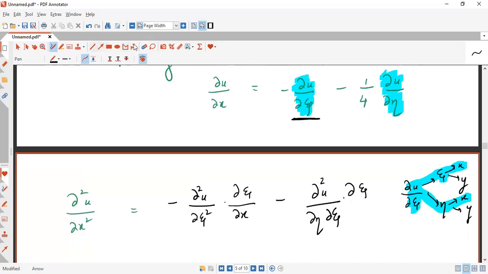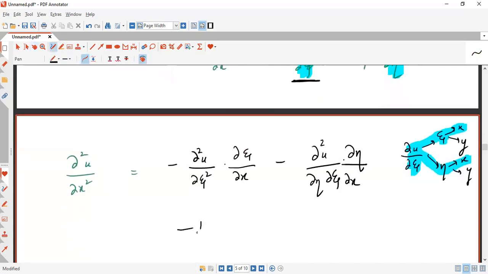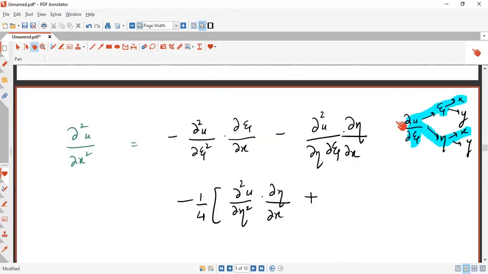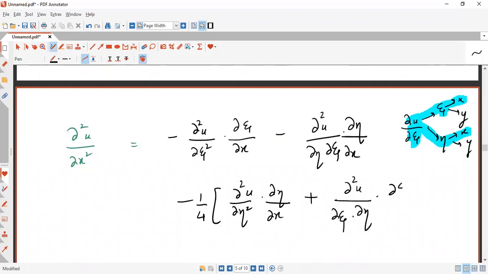Del eta by del x. We're differentiating with respect to eta now. Now minus 1 upon 4. Del square u by del eta square, del eta upon del x, plus del square u by del eta. Here, if you differentiate del u by del eta with respect to xi, it will become del square u by del xi del eta, del xi by del x.